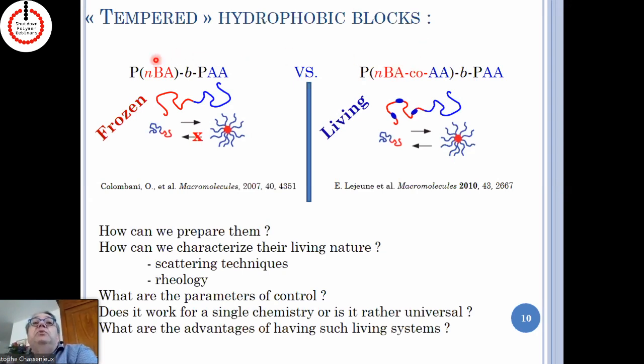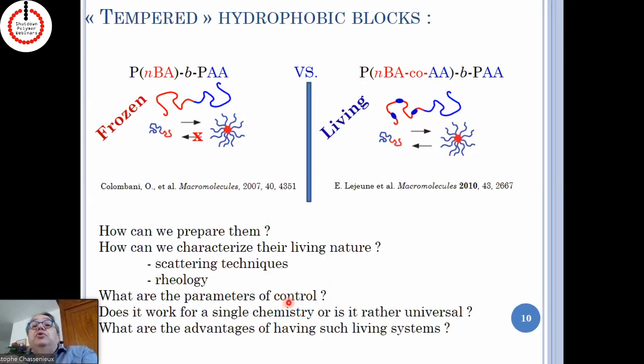And I will show you that these systems, when they are pure, display frozen properties. But when you are able to incorporate within the hydrophobic block some tiny amounts of hydrophilic subunits, they will display living properties. I will try to explain how we can synthesize them, and how we can ensure that these systems display properties at thermodynamic equilibrium.